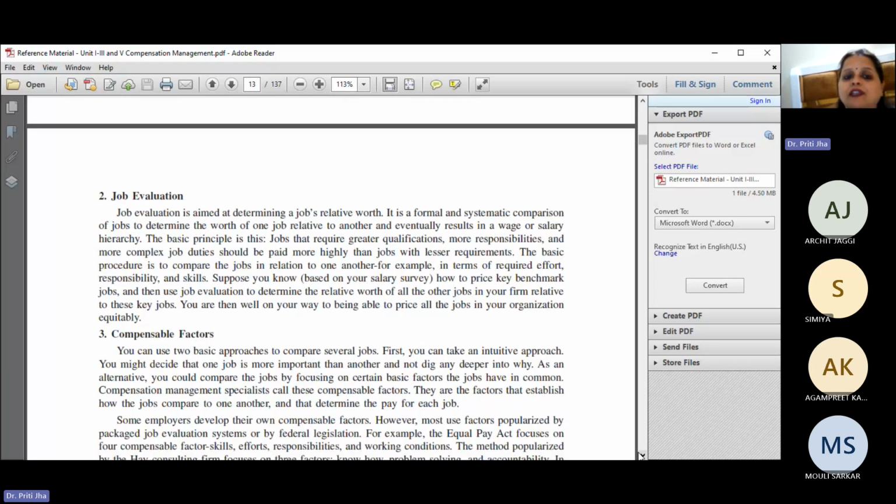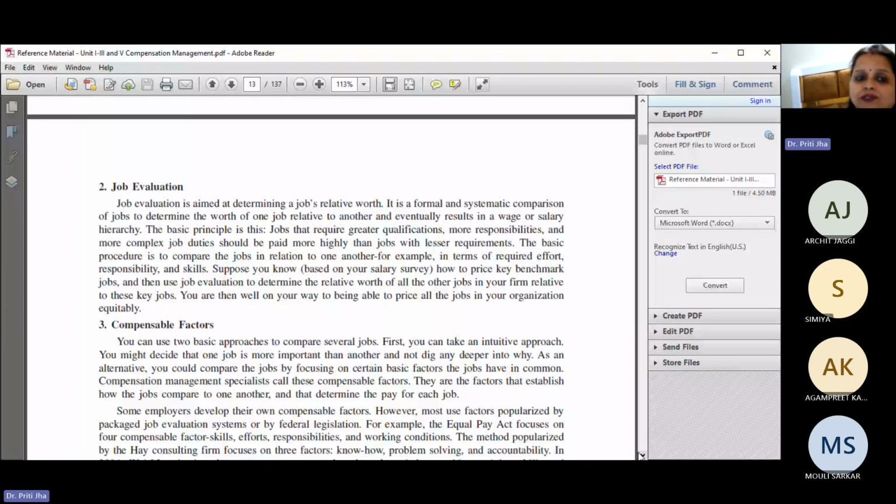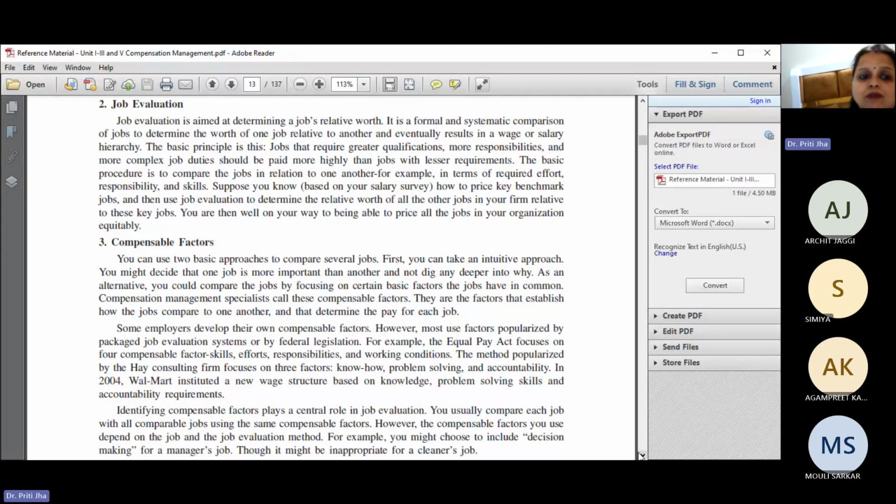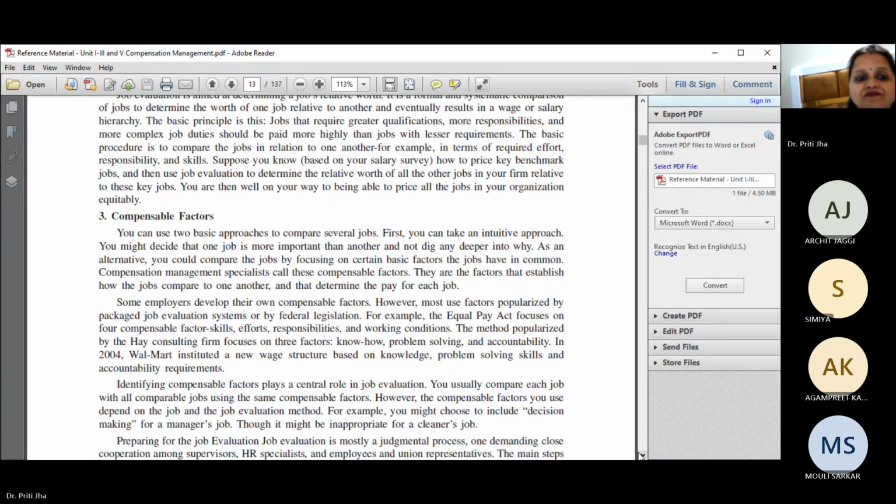The basic principle is this: jobs that require greater qualifications, more responsibilities, and more complex job duties should be paid more highly than jobs with lesser requirements. The basic procedure is to compare the jobs in relation to one another, for example, in terms of required effort, responsibilities, and skills.